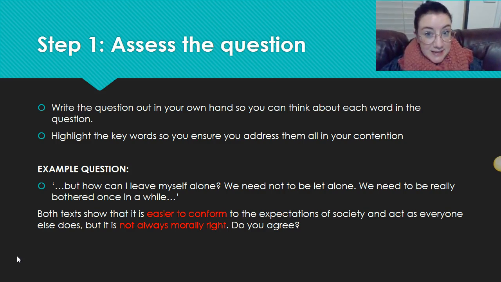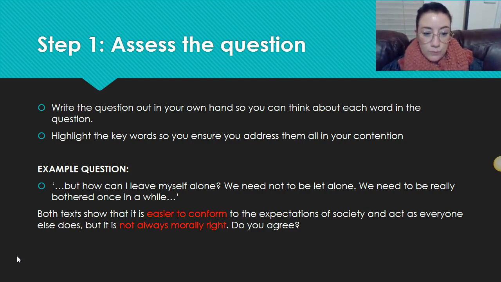So for instance here, the idea in the quote is that the things that are bothering our characters is something that they can't just ignore, that they have to actually do something about. Which makes sense for why it's in this essay, because the question is all about how people kind of rebel against society. So it's going to be pretty easy to kind of swoosh it in there somewhere.